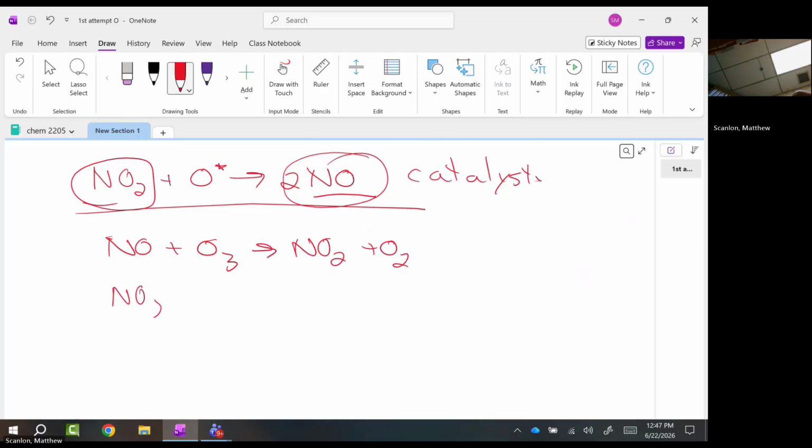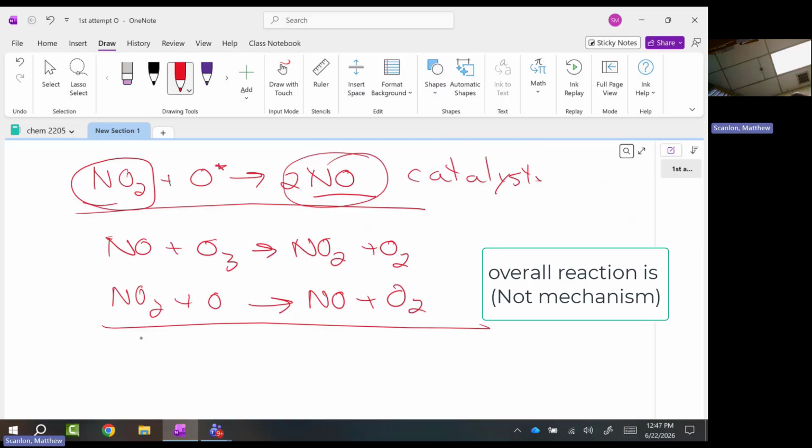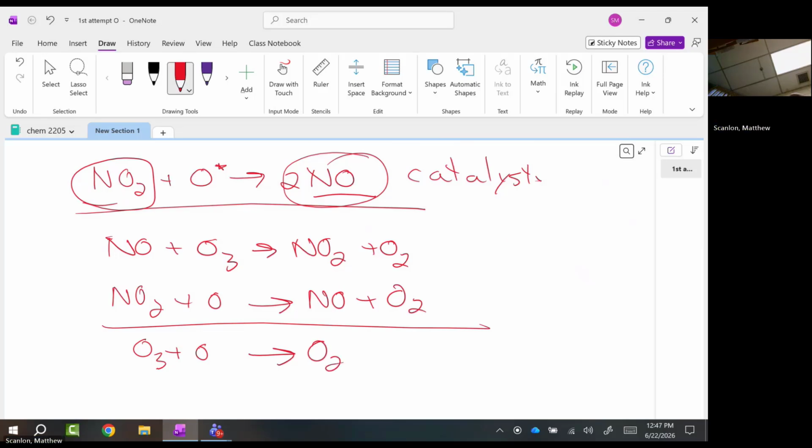NO2 plus O yields NO plus O2, and the overall mechanism is O3 plus O yields 2 O2. This activation energy is about 10 kilojoules per mole. So it lowers the activation energy, but not a whole lot.